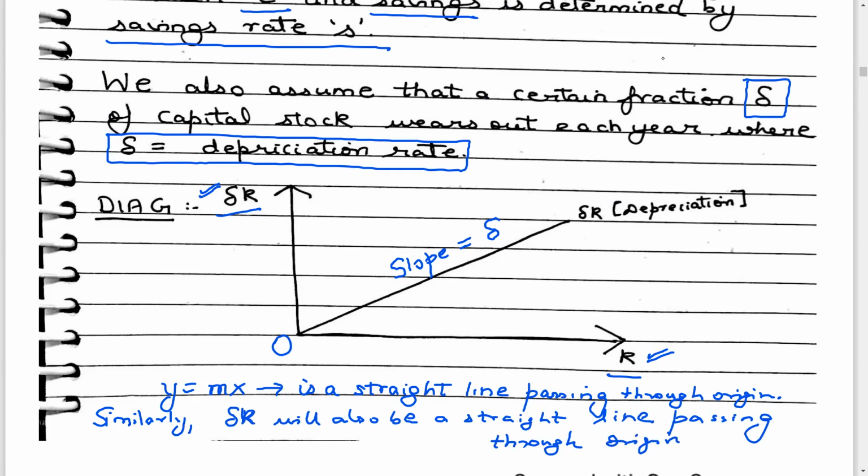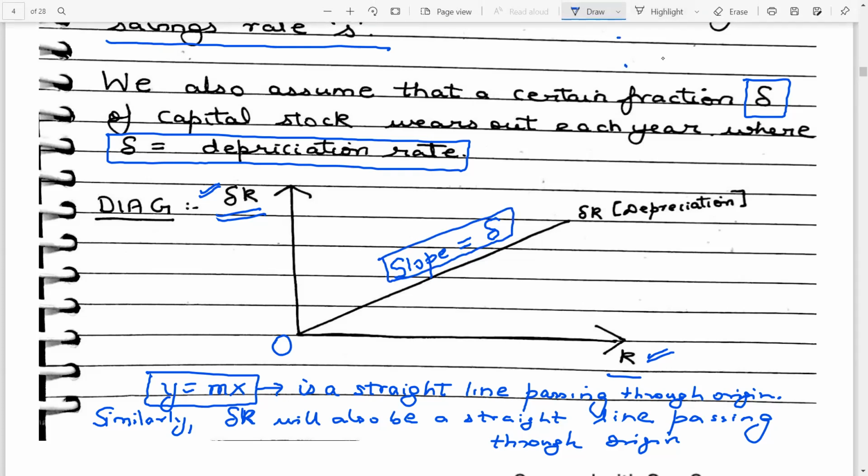And what will be the slope of this line? So slope of y equal to mx is m. Slope of delta k will be, if I differentiate with respect to small k, nothing but delta. So I hope students have understood this particular case.